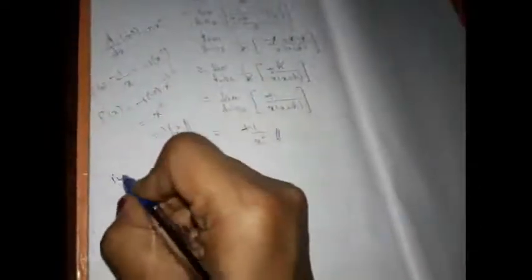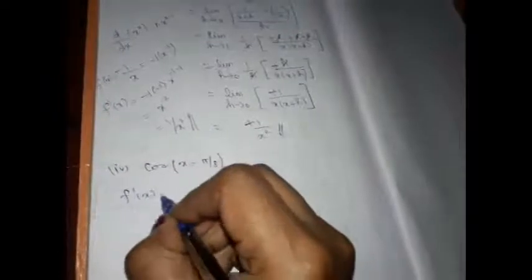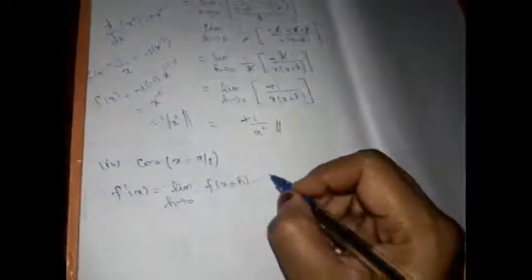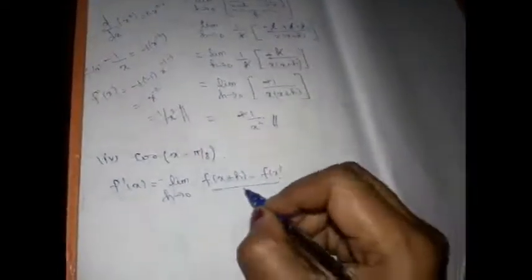Let us do the fourth subdivision. Cos of x minus pi by 8. They asked you to find the derivative of this using first principle. The same way, f dash of x is going to be limit h tends to 0, f of x plus h minus f of x divided by h, right?